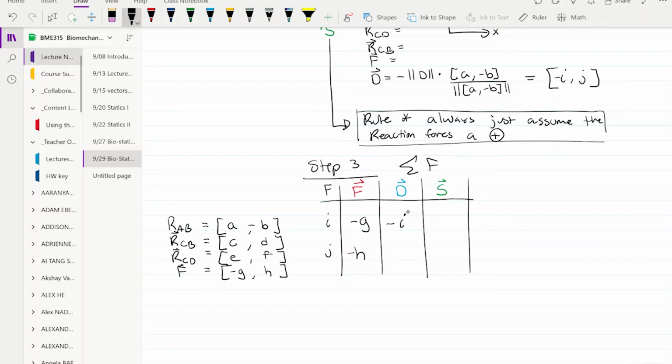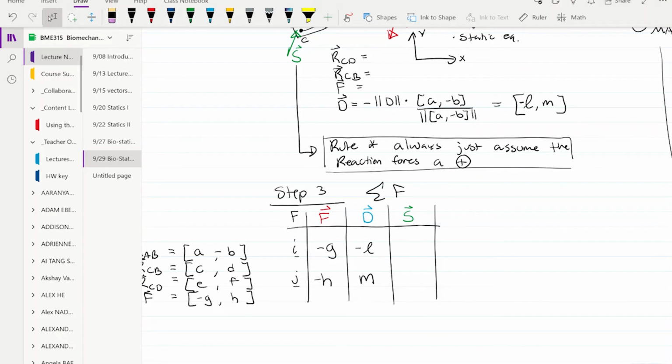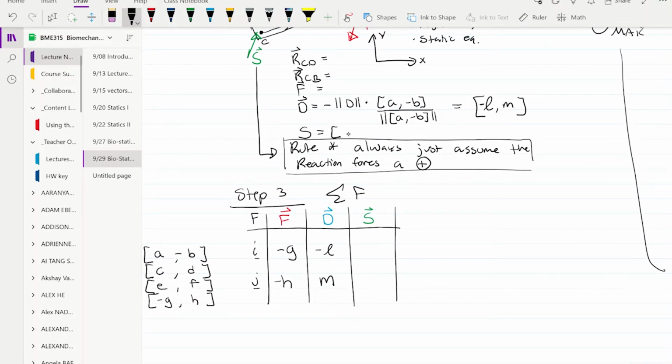So that's negative I. Actually, because we did IJ, that's stupid. To KL. Actually, not K either, huh? LM. And that's going to be negative L and M. And then let's call S something. We can't do NO because O looks like 0.